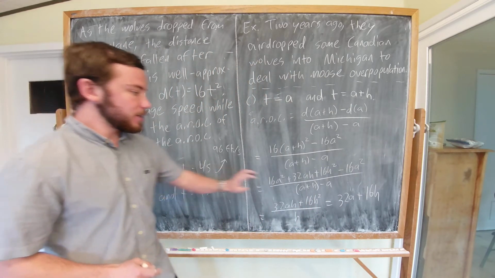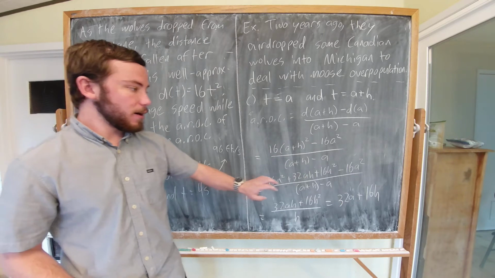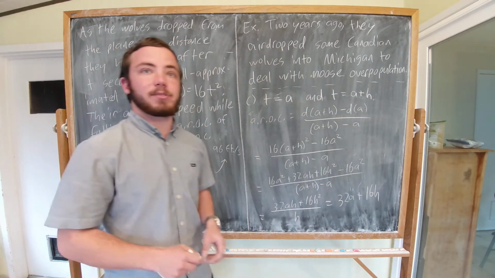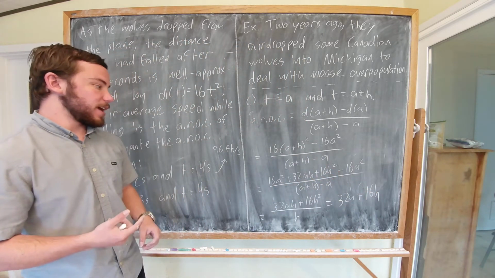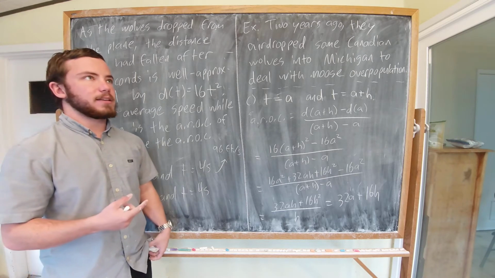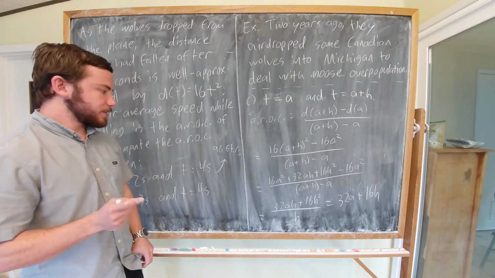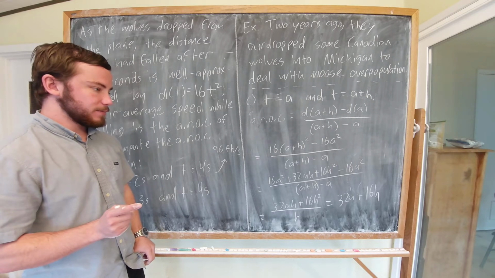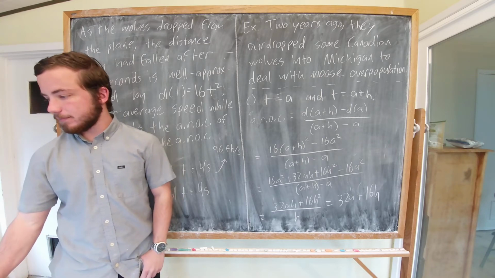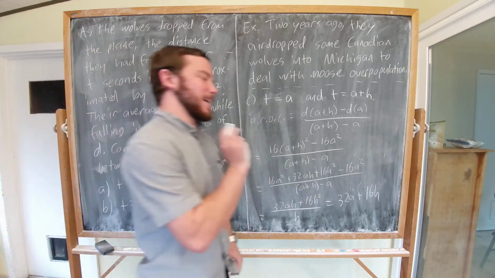And we would get 32 times 2, 64, plus 16 times 2.